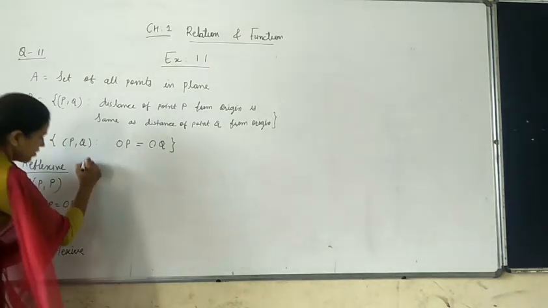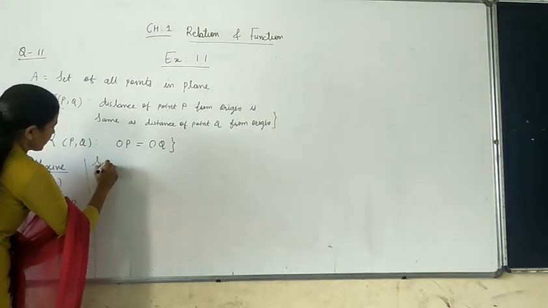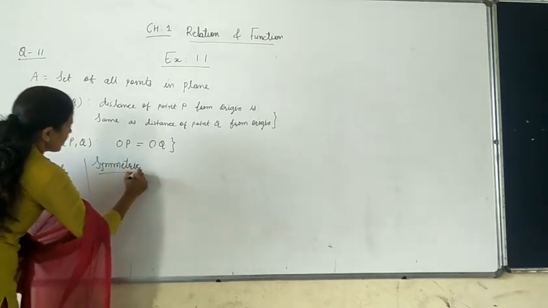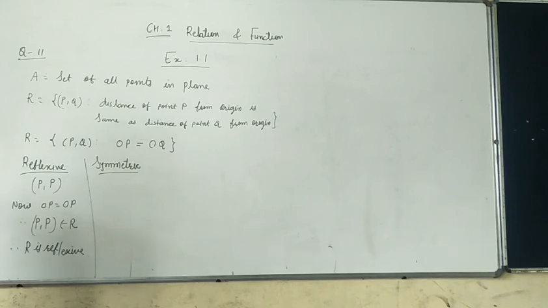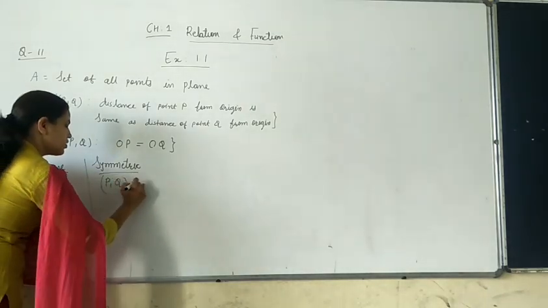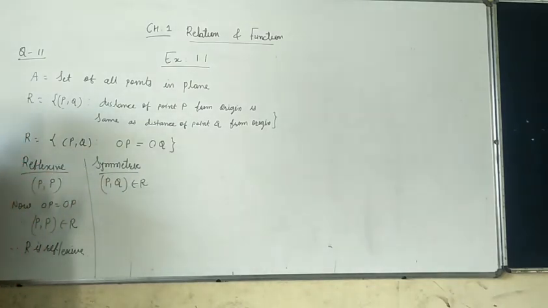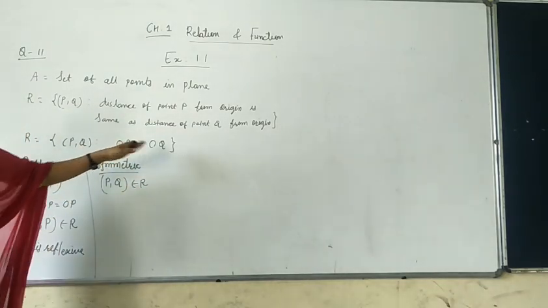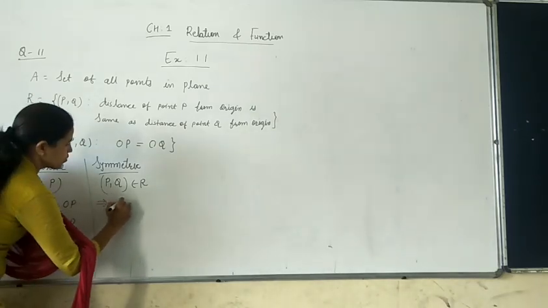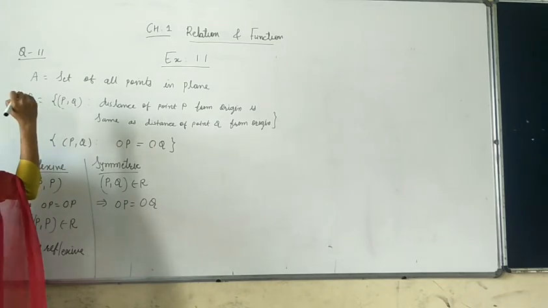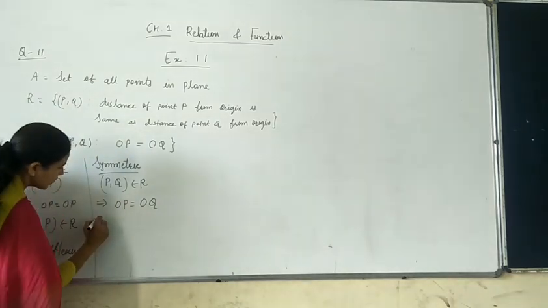Then next is symmetry. Now let me see the symmetry. So what we have, we are taking 2 points P and Q, which belong to R. But when 2 points belong to R, then what do we have? OP is equal to OQ.